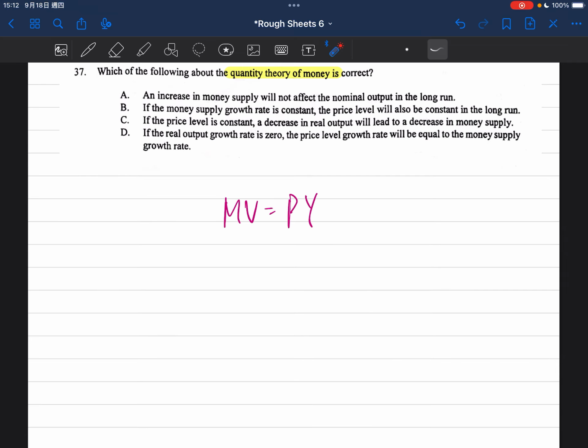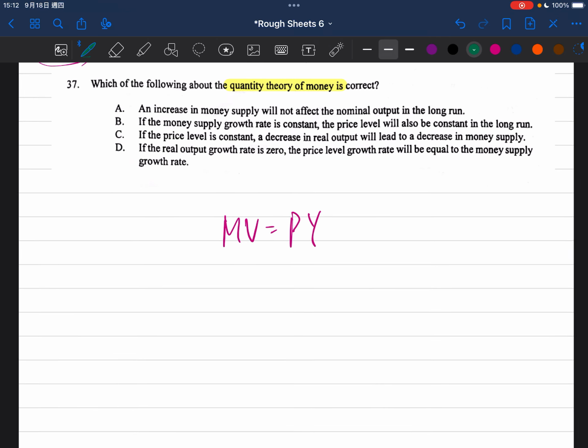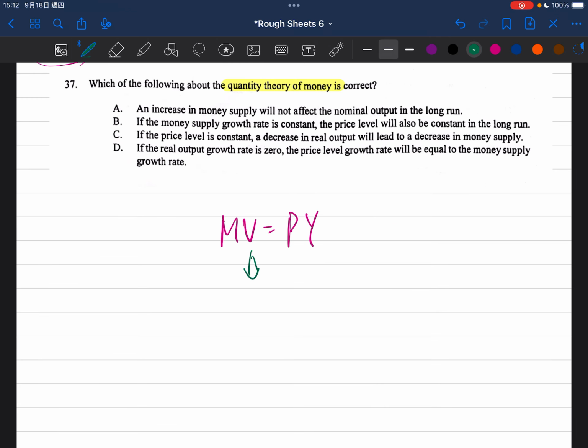Usually when we see this type of question, we convert it to a percentage change. For example, if the money supply increases by 5%, and in the DSE syllabus, we assume the velocity of money circulation remains unchanged, which should be constant, because it will not fluctuate a lot.